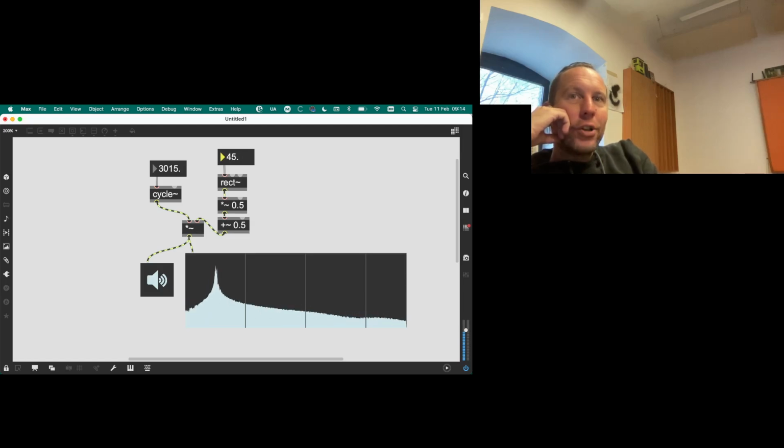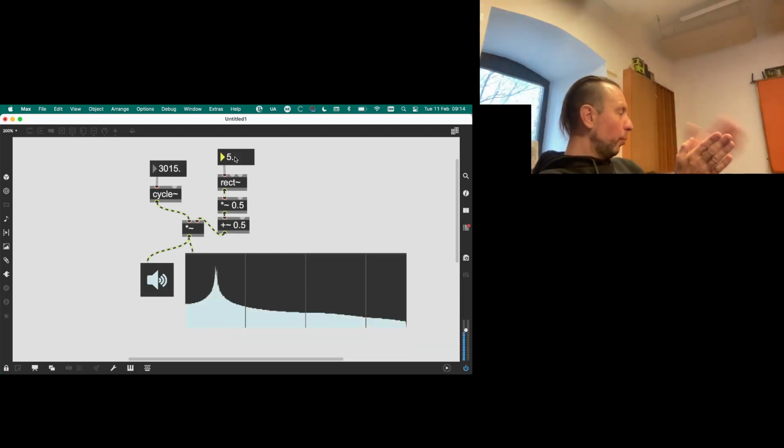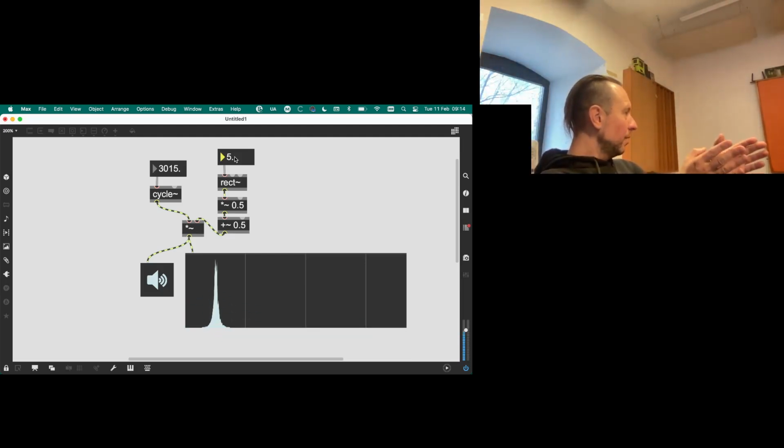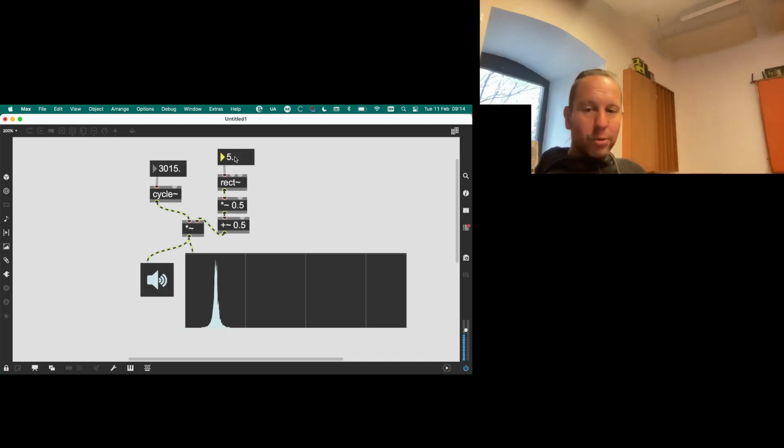And you understand that, for example, if I have a modulator at 5 hertz, it means that I have a sideband at +5, at +15, at +25, at +35. So actually every 10 hertz, I will have a sideband progressively softer, and that's why you see that it kind of flattens the spectrum out.